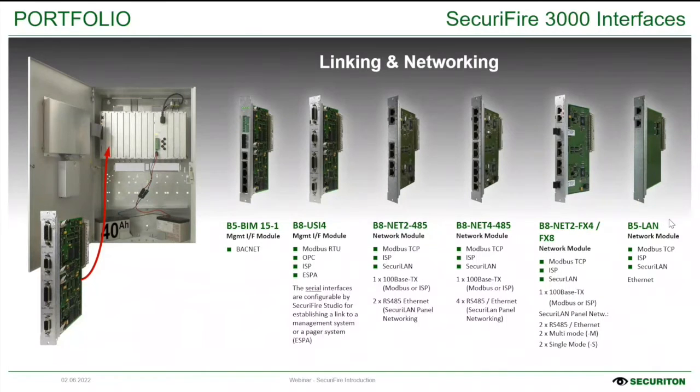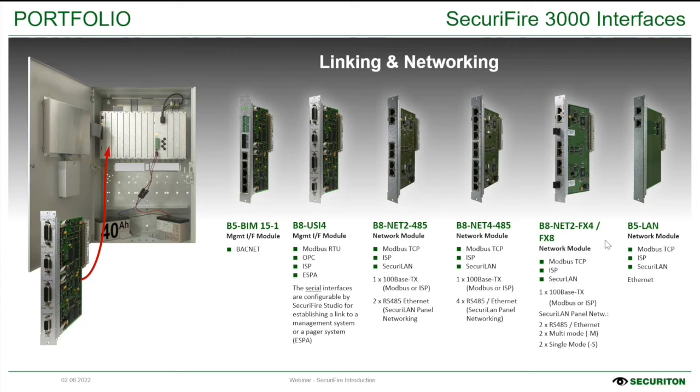Here we now get the possible modules to slot in, like linking and networking modules. From left to right, we have the B5 BIM15.1 slot module, which is a management system module for BACnet building management systems, for example. The B8 UC4 board is a serial interface for OPC, BACnet, ISP.